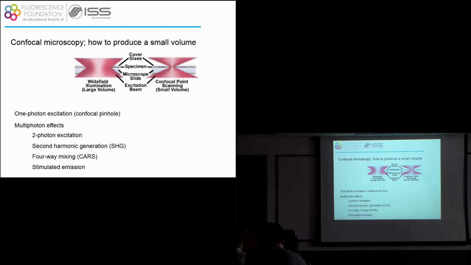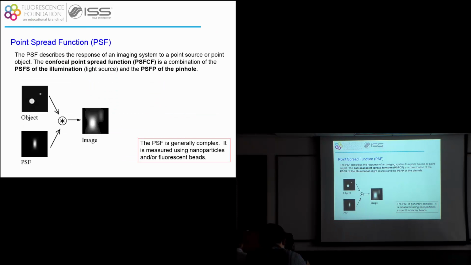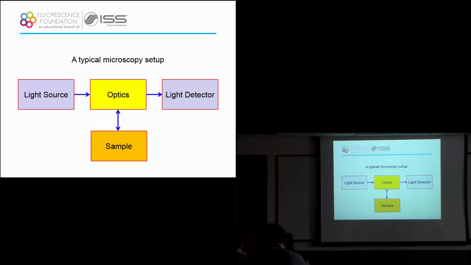We will focus on the two-photon excitation, or also multi-photon excitation, because people also use 3 photons. So the two-photon excitation works at this point here. It doesn't work on the area of the optics, but it's mostly on the light source.